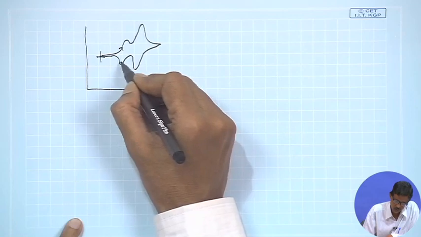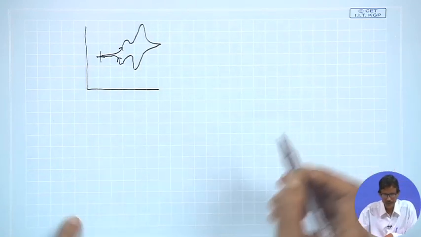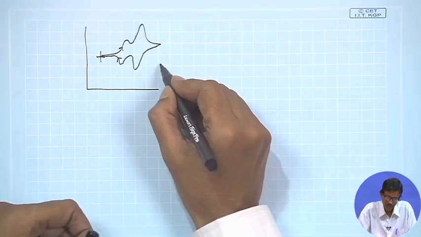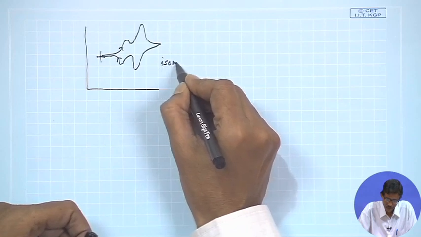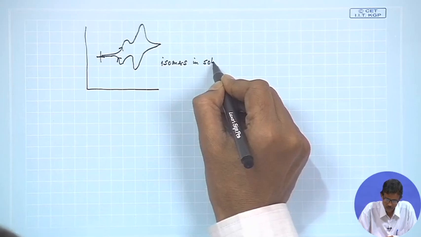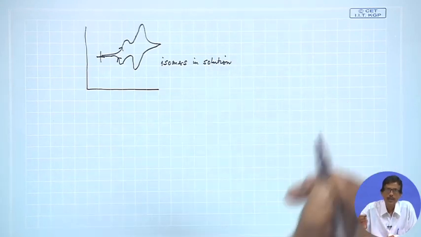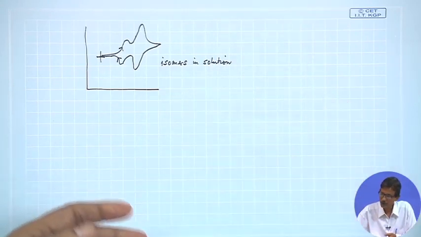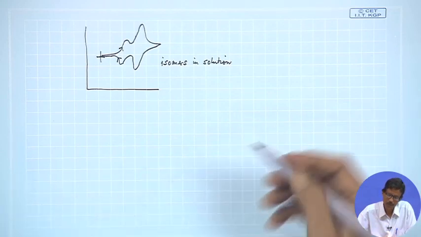So, this we get for a typical scan, and only if we have isomers in solution do we get this sort of plot.